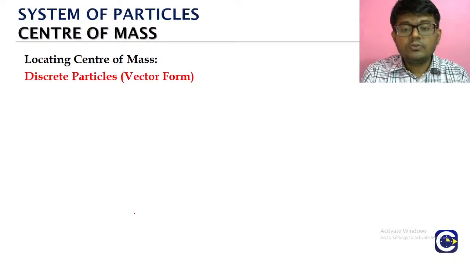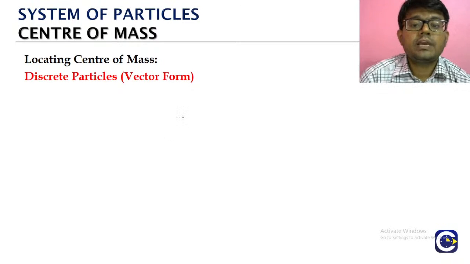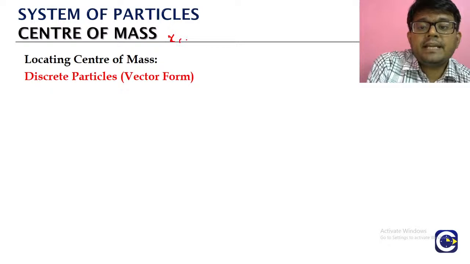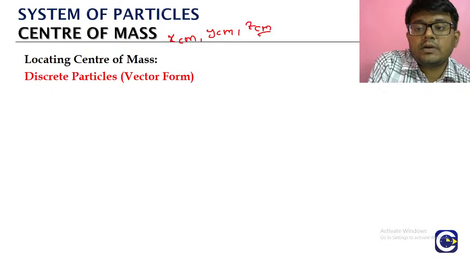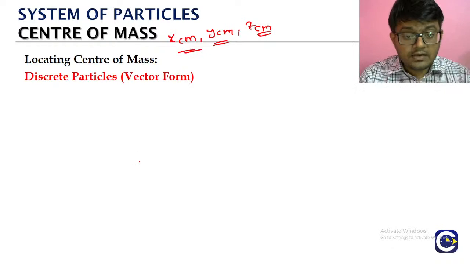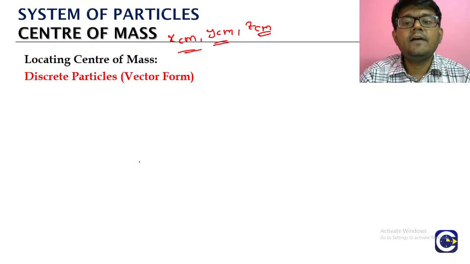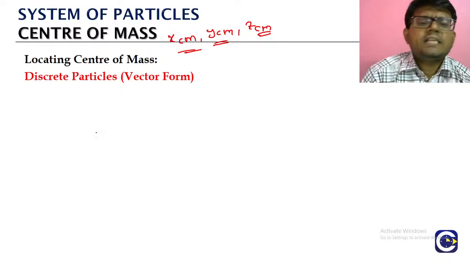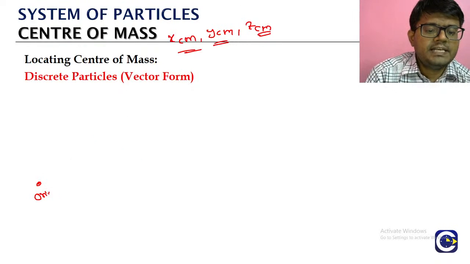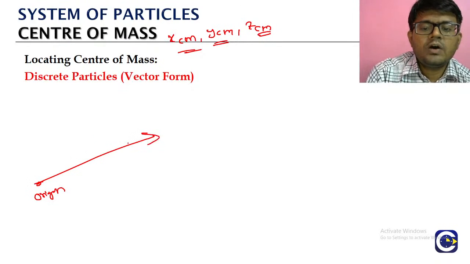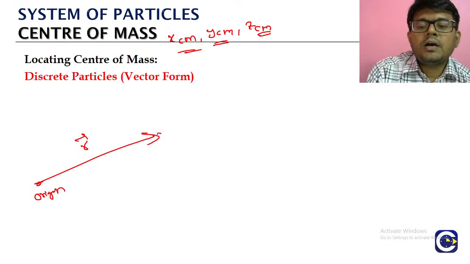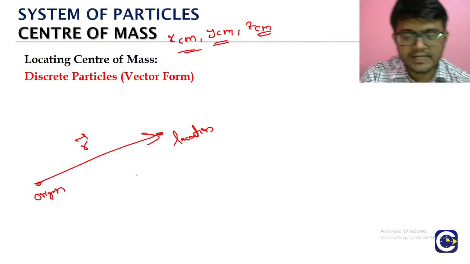Okay. Now we have seen the center of mass location in terms of the separate coordinates. What is the x coordinate? What is the y coordinate? What is the z coordinate? Like that. We can club them and write it in the vector form. What does vector form mean? See, origin is here. If you are drawing a line from origin to any location you take, that is what we call the position vector.